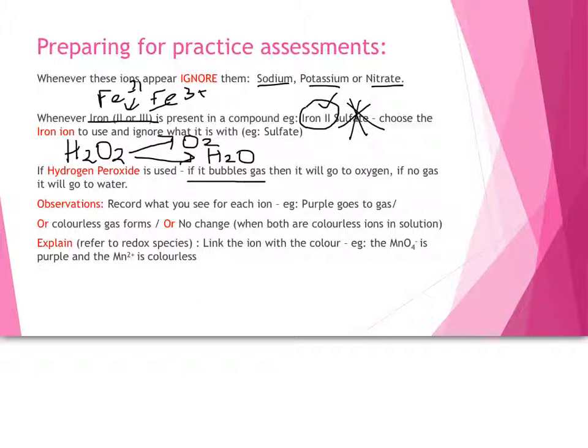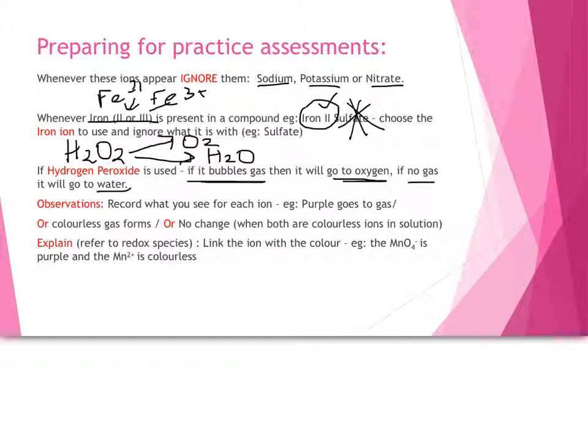If it's bubbling gas, which one do you think it must have formed, oxygen or water? That's right, if it's bubbling gas, that means it must be going to oxygen. And when there's no gas, it will be going to the water. So be careful when you read the observations in the question so that you know what peroxide is going to go to.